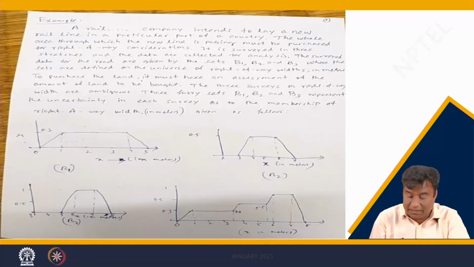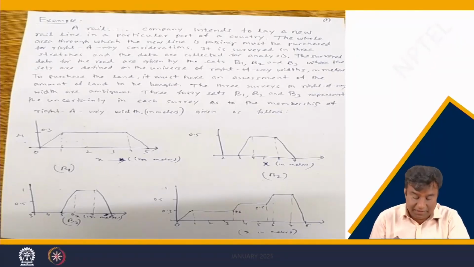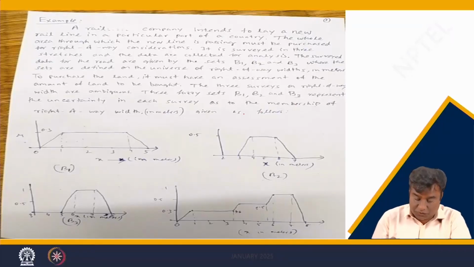To purchase the land, it must have an assessment of the amount of land to be bought. The 3 surveys on right of way width are ambiguous. 3 fuzzy sets B1, B2 and B3 represent the uncertainty, and each survey has the membership of the right of way width in meters given as follows. That is the first survey B1, second is B2, third is B3.